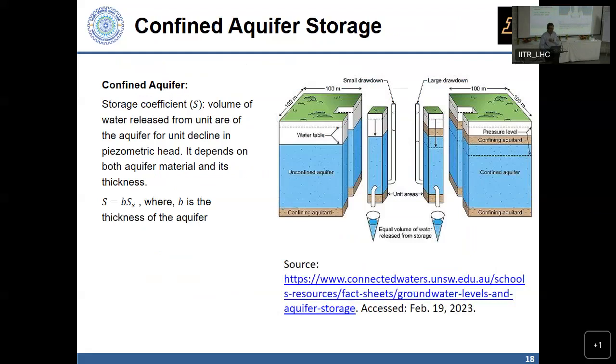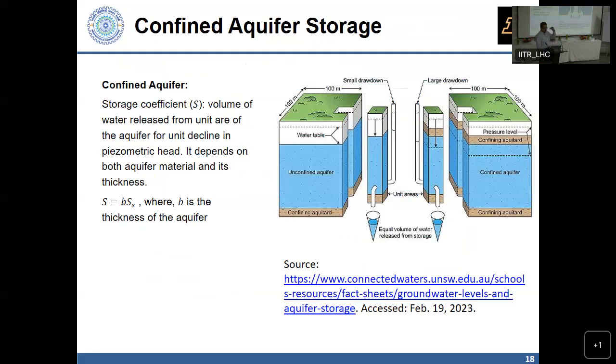If there is a unit decline in water table height, for an unconfined aquifer, that's a unit decline in piezometric head. For a confined aquifer, if there is a unit decline in the piezometric head, I want to know how much water is coming out throughout the thickness of the aquifer per unit area of the aquifer.